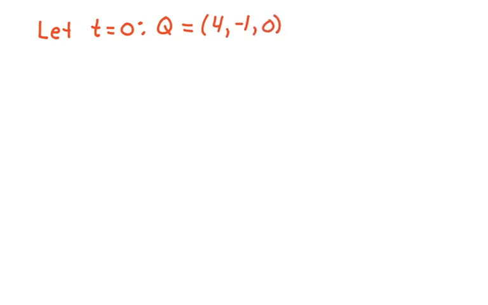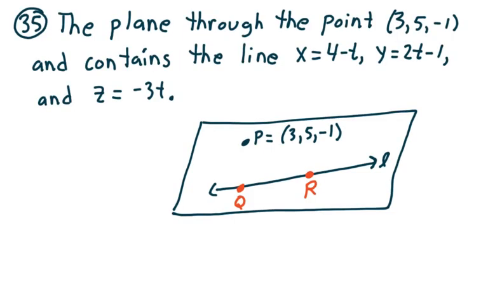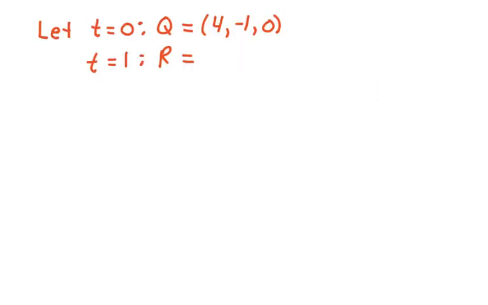That's a point on the line. And I'm going to let t equal 1. And we're going to call this point on the line R. And so R will be, let's see, x is 3. So we get 3, 1, negative 3.